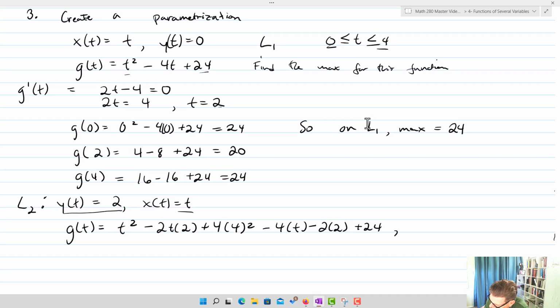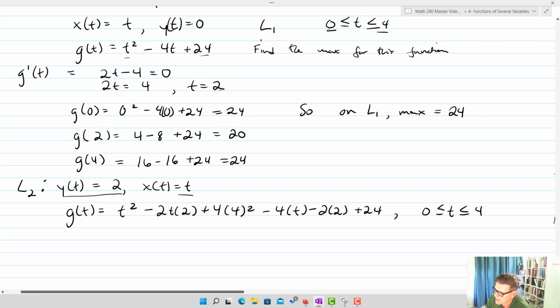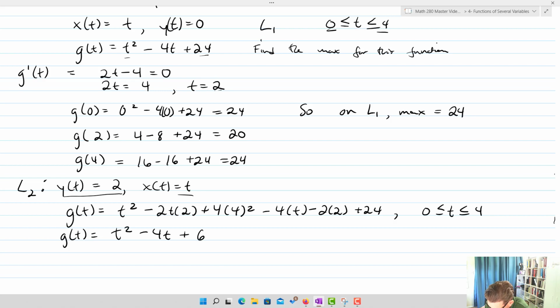We're also going to get that t ranges from 0 to 4 again, because x ranges from 0 to 4.